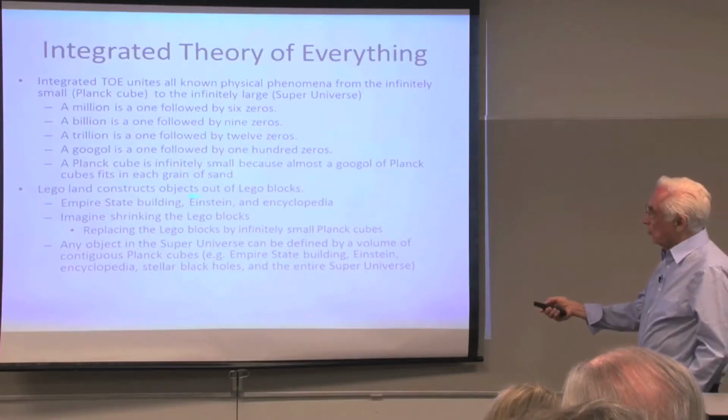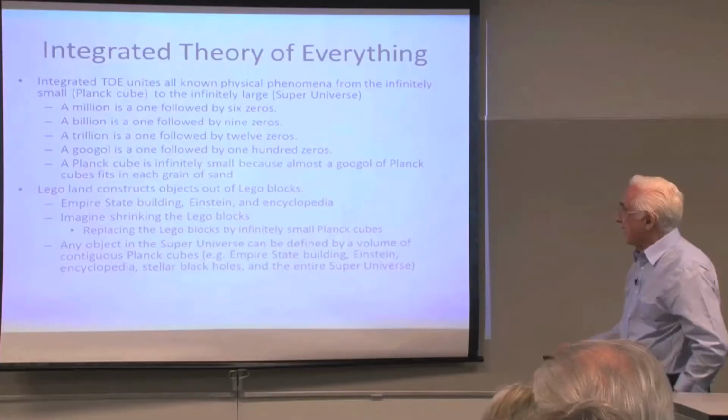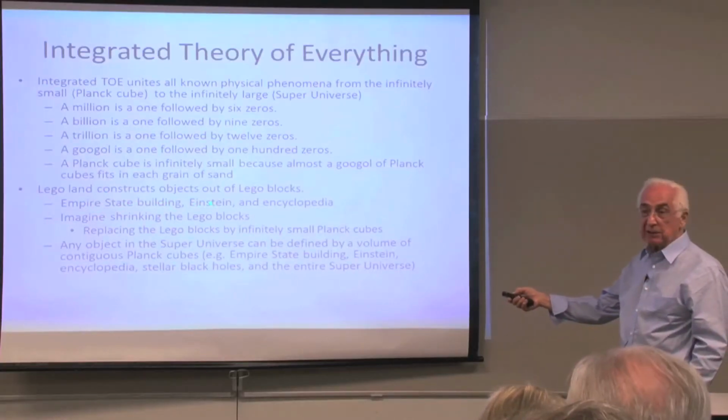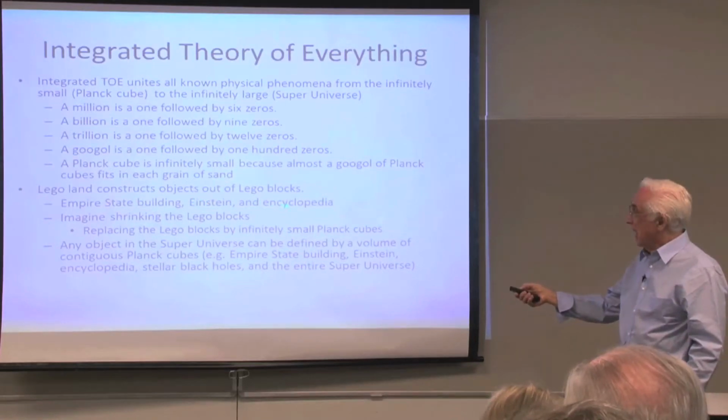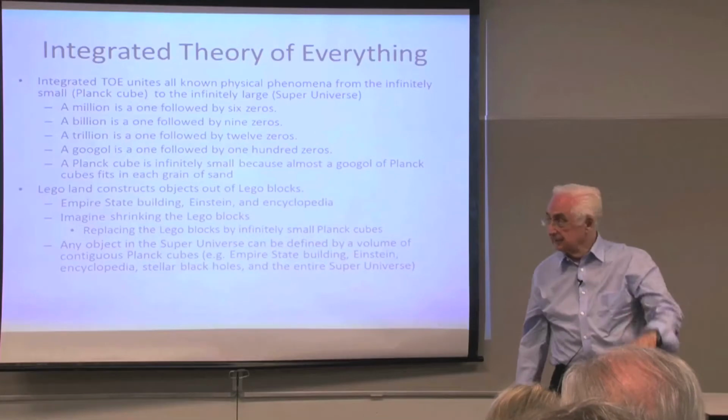Now, if you go to Legoland, you will see objects constructed out of Lego blocks. I recommend going to Legoland because it's entertaining, it's educational, and there's a gourmet restaurant 5 miles from Legoland. Now, if you go to Legoland, you will see an Empire State Building, a bust of Einstein, and an encyclopedia, all made up of these Lego blocks.